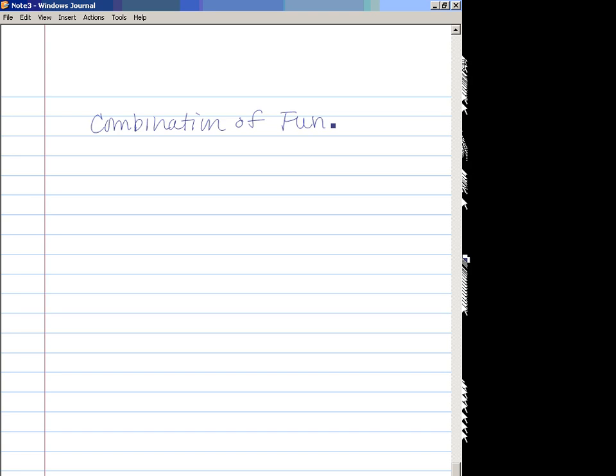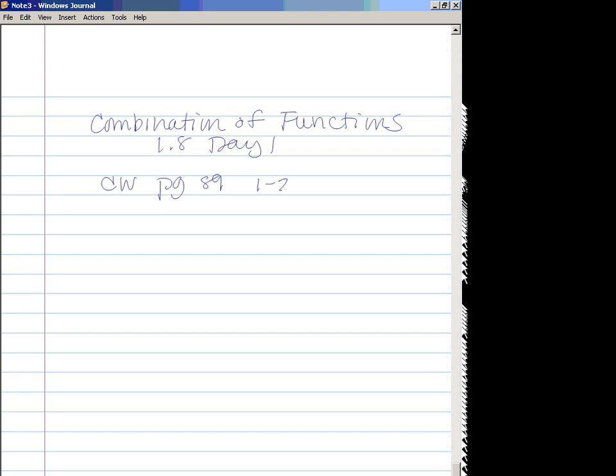Okay, so that is everything that we are looking at today. This has been combination of functions, 1.8 day 1. So your classwork tomorrow, we're going to look at page 89, 1 through 23, odd.